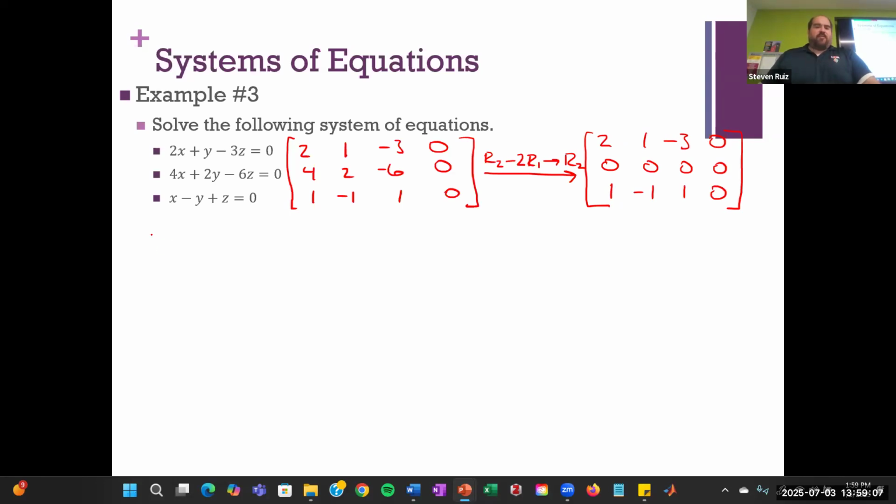I still want to have a 1 in my first column, so I'm going to swap row 1 and row 3. 1, negative 1, 1, 0. 0, 0, 0, 0. 2, 1, negative 3, 0.